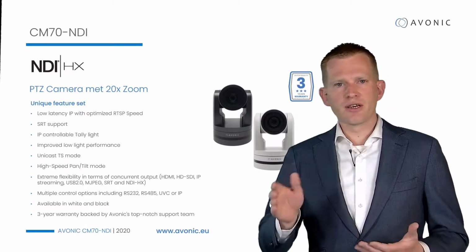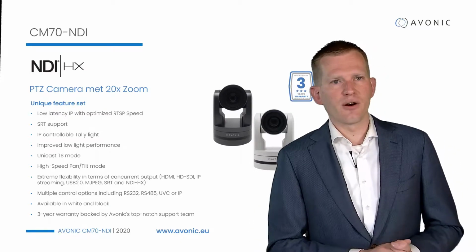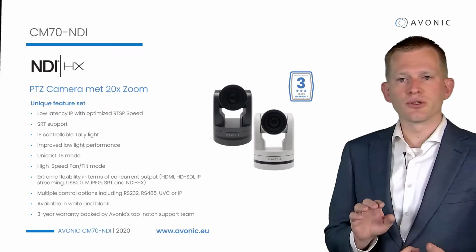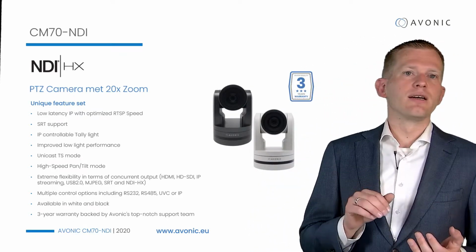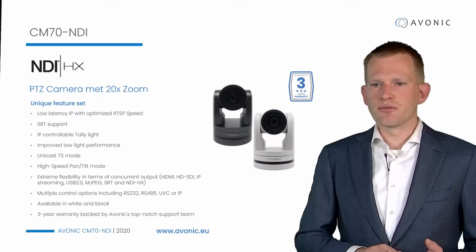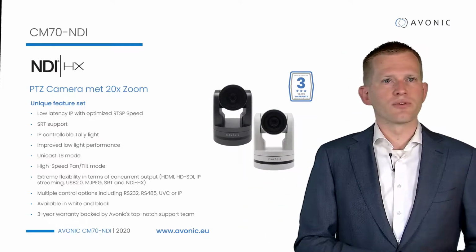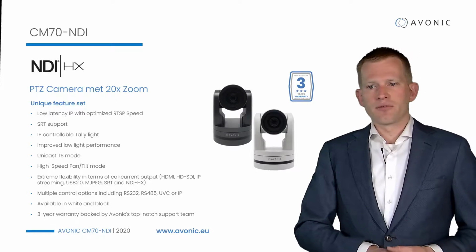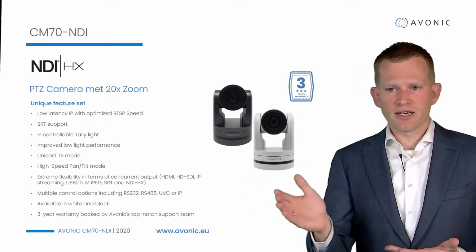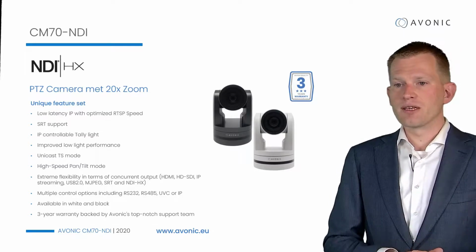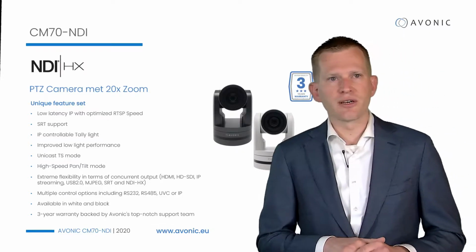We support various modes of sending video over IP, NDI of course, but also unicast TS, RTSP, RTMP, SRT, as I mentioned before. So there's lots of things you can choose from. We have a very high-speed pan tilt mode built in, so it moves really fast from one point to another. If time is really of the essence, then this is a great feature for you as well.